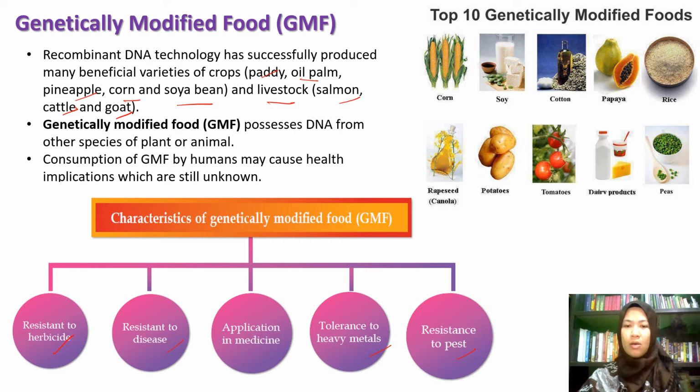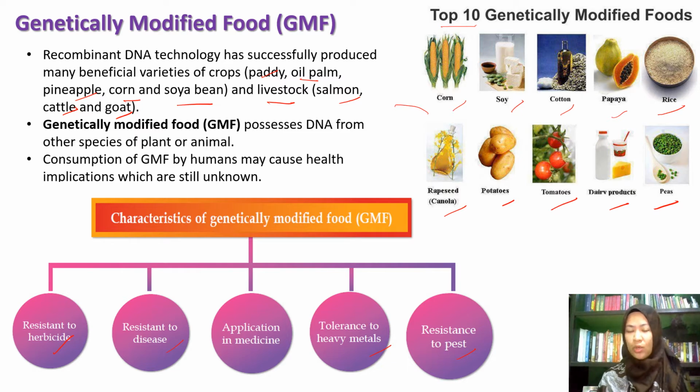These are some examples of top 10 GMF: corn, soy, cotton, papaya, rice, canola, potatoes, tomatoes, dairy products, and peas. So if you buy any packaged food, you can check the ingredients. It will mention whether it is GMF or GMO.